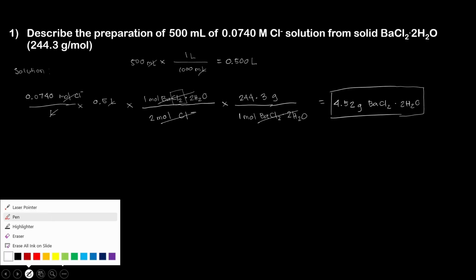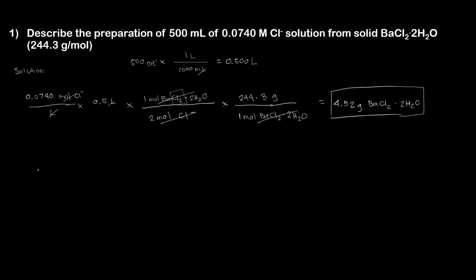Let's picture the proper method. First, from the result, weigh 4.52 grams of BaCl₂·2H2O. Then you place it in a volumetric flask, specifically a 500 ml VF.